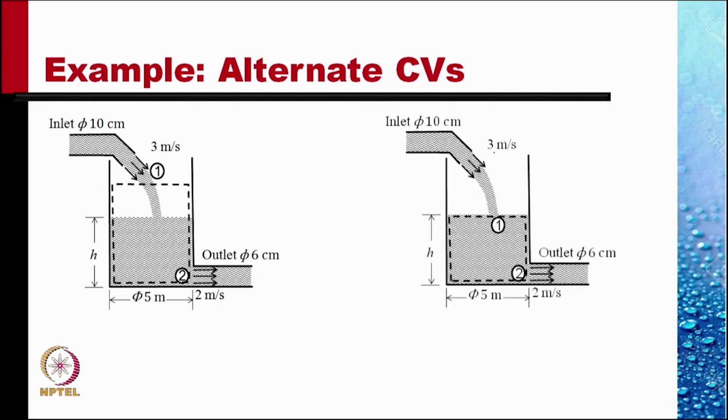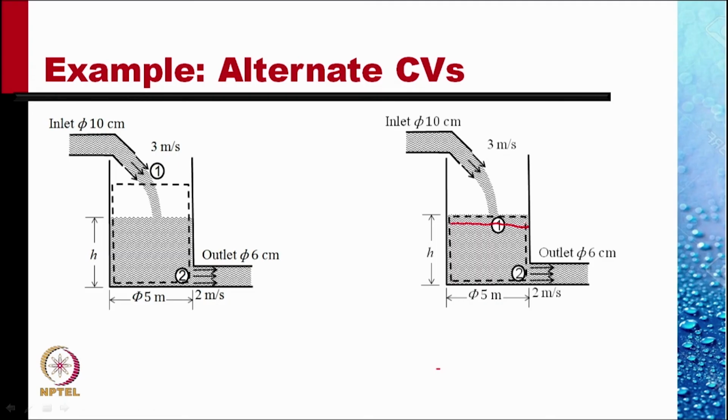Another example of a control volume is a little bit more tricky. Here we take a control volume where the top surface is taken to coincide with the top surface of the water inside the tank.